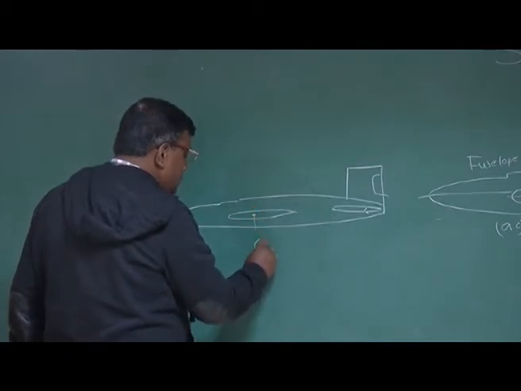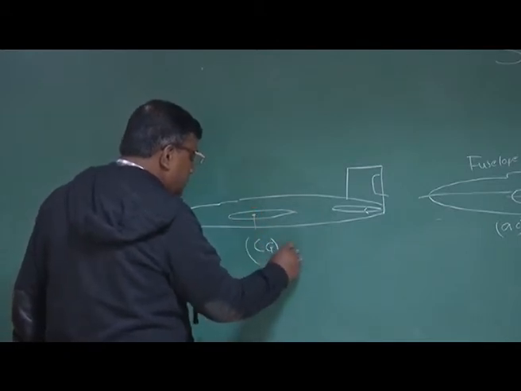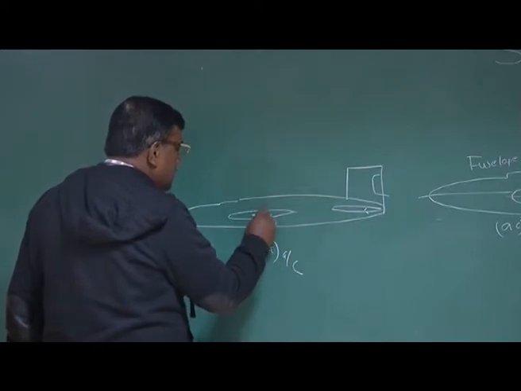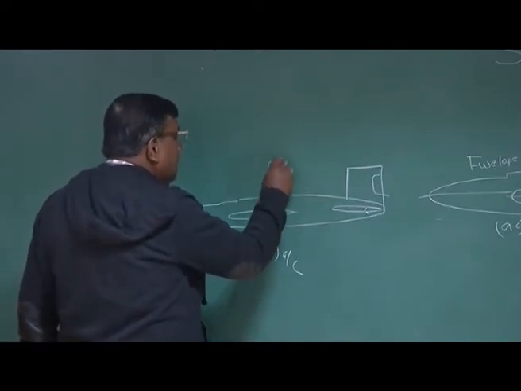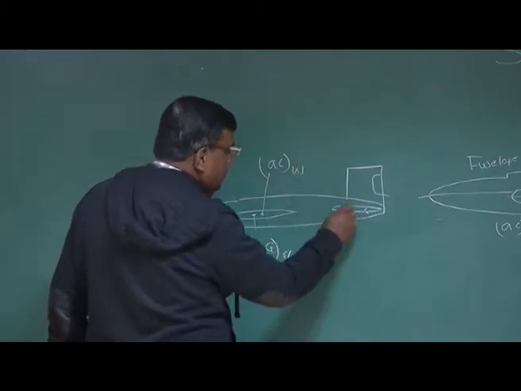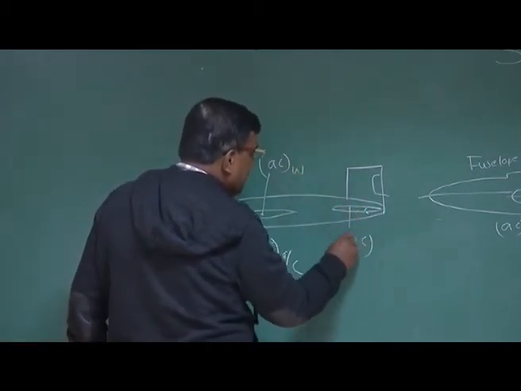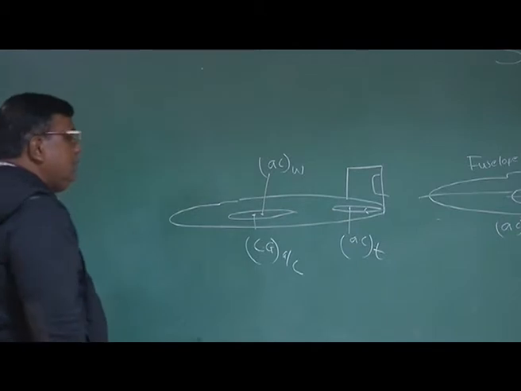So this is CG of the aircraft, and let us see AC of wing, and of course this is AC of tail. Let's say this is the configuration.